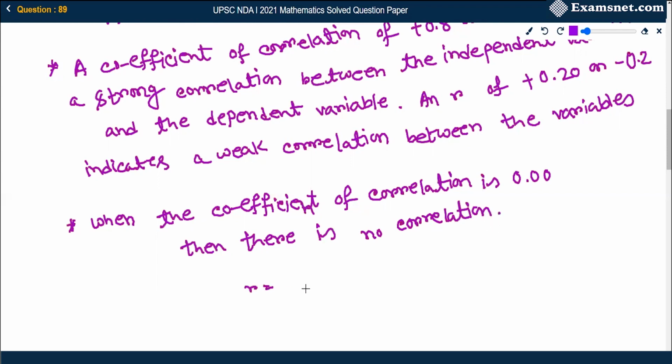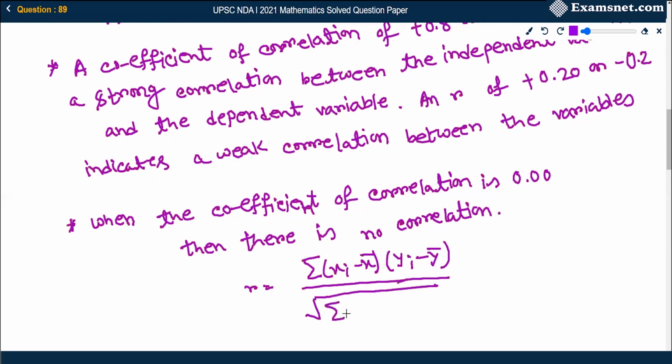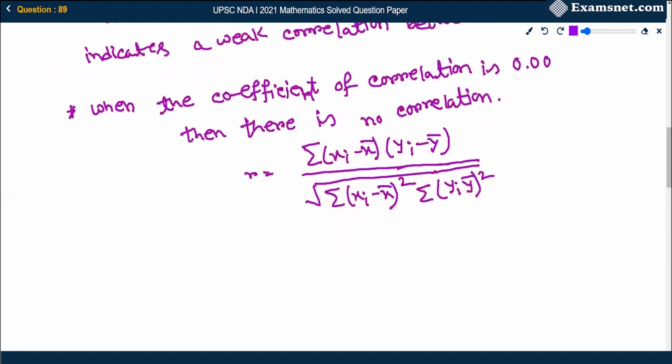And R can be found as summation of (xi minus x bar)(yi minus y bar), over square root of summation (xi minus x bar) whole square, summation (yi minus y bar) whole square.